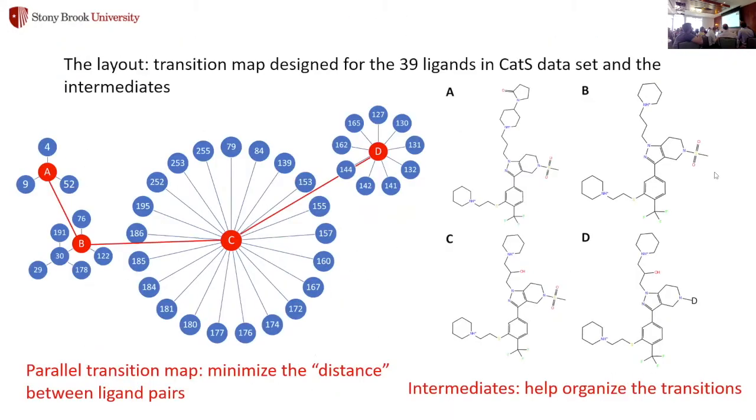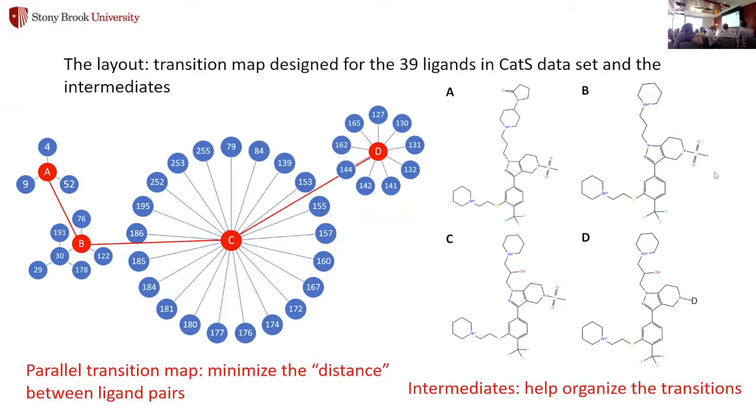So back to the transition map here. This map is reasonably parallel, but it's still not the maximally parallel one. We still have a serial fashion of connection between different groups.